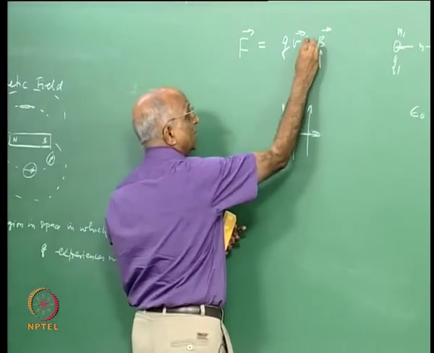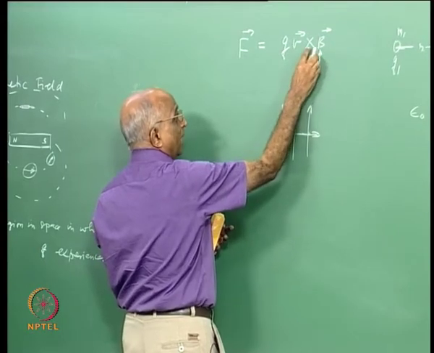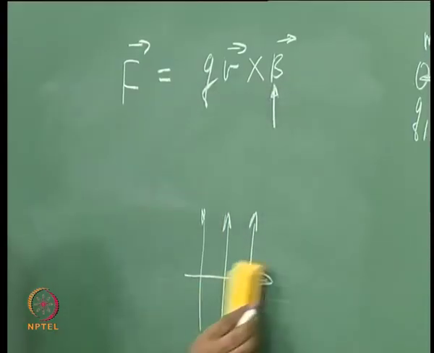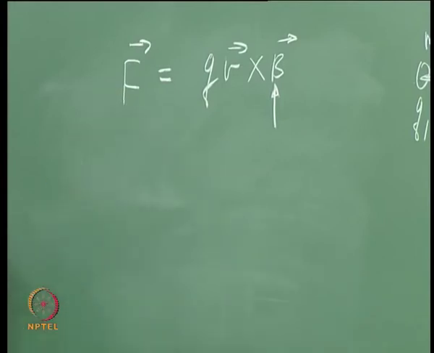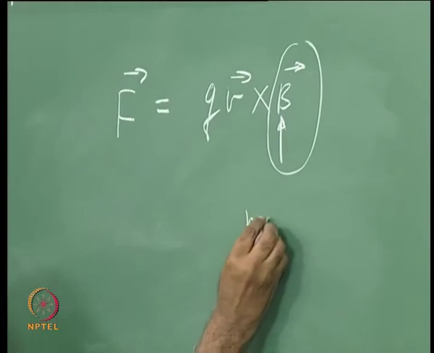Rather, I say it is the cross product of these two vectors, and this B is then known as a magnetic field.